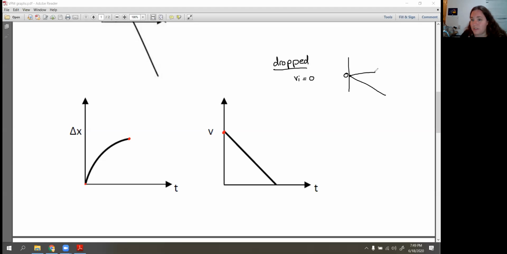It starts from 0, and then it speeds up going downwards. So it would still have a gradient of negative 9.8. Okay, but the gradient would be going downwards. So this we know was thrown because the initial velocity is not 0.